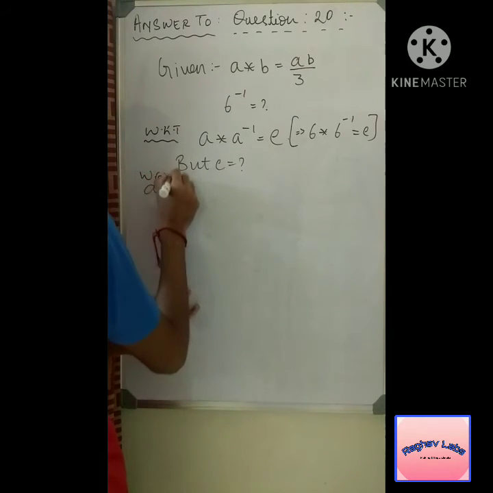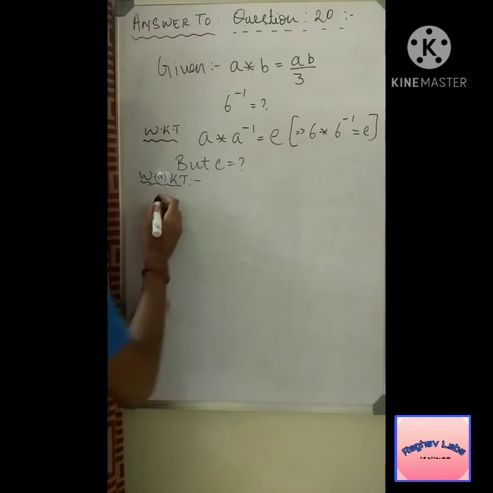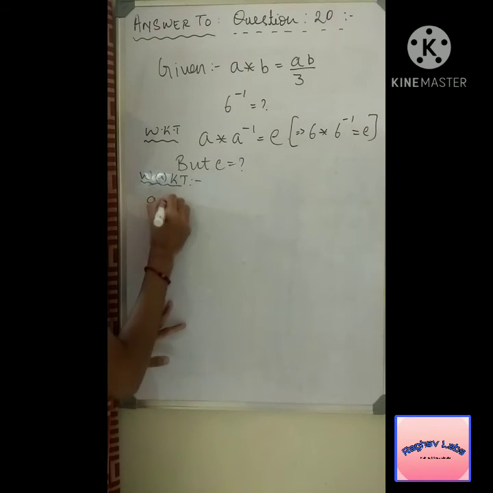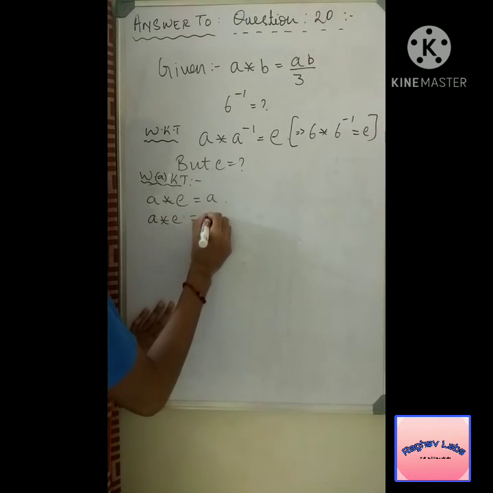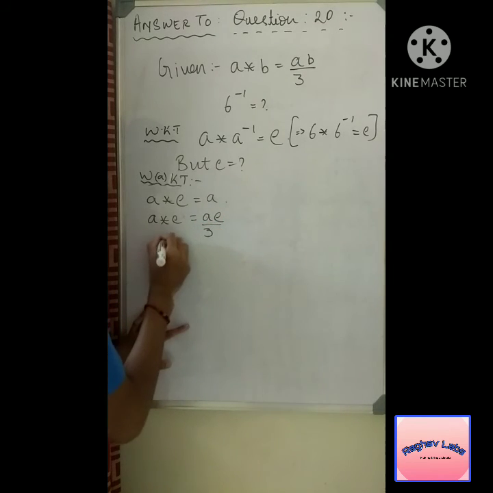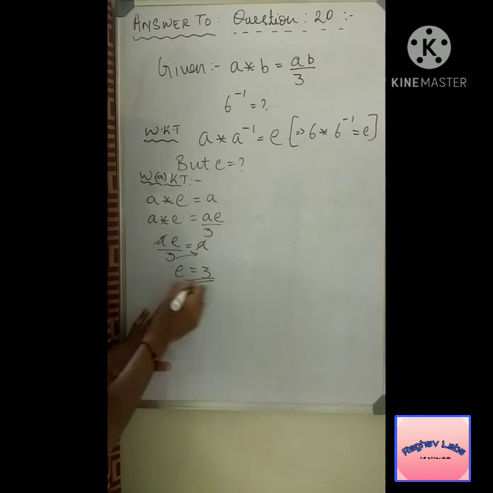So first find the identity element by the formula a star e is equal to a, right? So a star e is equal to ae by 3, ae by 3 is equal to a, a gets cancelled, e is equal to 3. Now we know the value of e also.